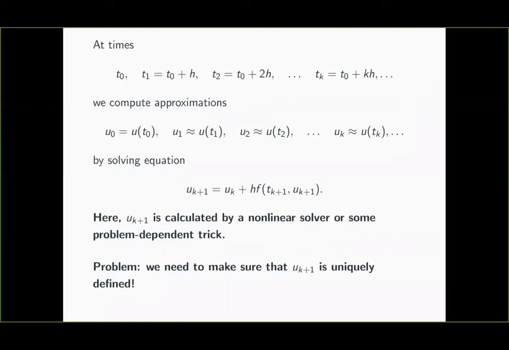But in the case of the implicit Euler method, we need to solve perhaps a nonlinear system of equations. Solving that nonlinear system of equations typically entails a set algorithm that we need to perform at each time step. And then again, we also need to make sure that the solution uk plus 1 is actually defined, and in particular is also uniquely defined. So we see that the implicit Euler method does have advantages, but those advantages do not come for free.